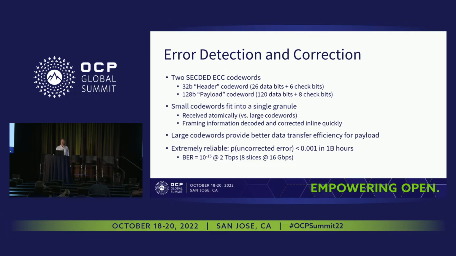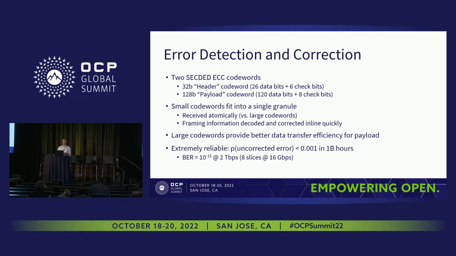Notably, small code words correspond to single granules, which are guaranteed to be received atomically in a single bundle. Large code words, on the other hand, may span multiple bundles and hence may be received in multiple cycles. This property of small code words implies that the framing information encoded in the LLP and TLP headers can quickly be decoded and corrected in line, minimizing the latency in the RX interface.